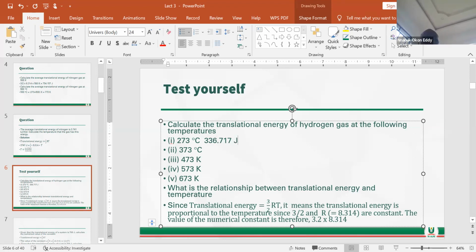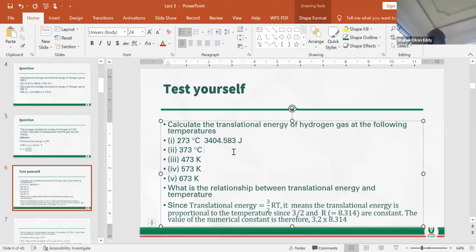You can try for yourself. So the next one will be 273. Sorry, that answer is not correct. The answer is then 3404.58312.